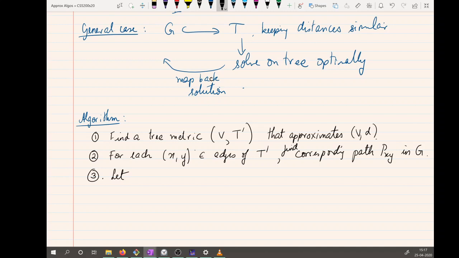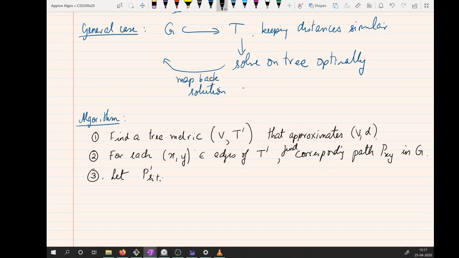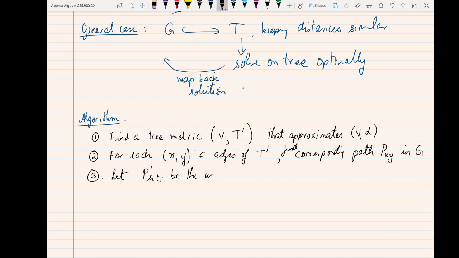So within T prime, now I know for every Si, Ti what the unique Si-Ti path is. Let me call this path SiTi.